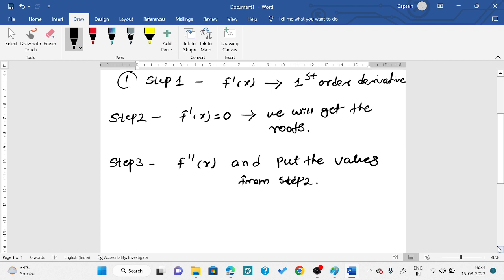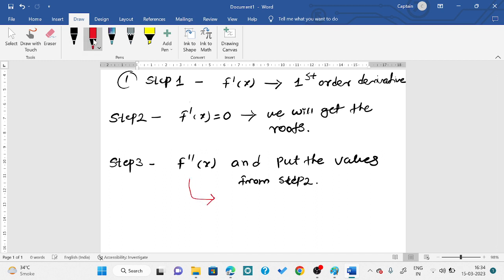Whatever value we are getting, whether it is positive or negative, two values or three values, depends on our first order derivative. Then we need to put those values in f double dash of x. What is meant by f double dash of x? Let me use some color.